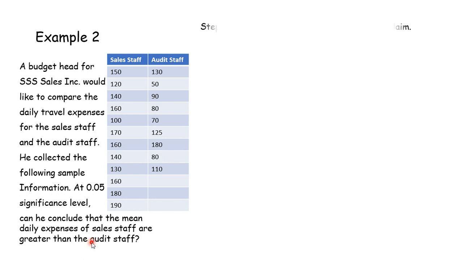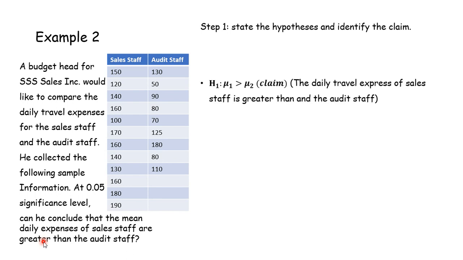So let's proceed first on step number 1 by stating the hypothesis and then the claim. So since meron kayong makikitang hint dito mga anak na greater than, okay, ibig sabihin nun, yan po yung sign na gagamitin natin. And the word greater than or the sign greater than will fall on the alternative hypothesis. Okay?